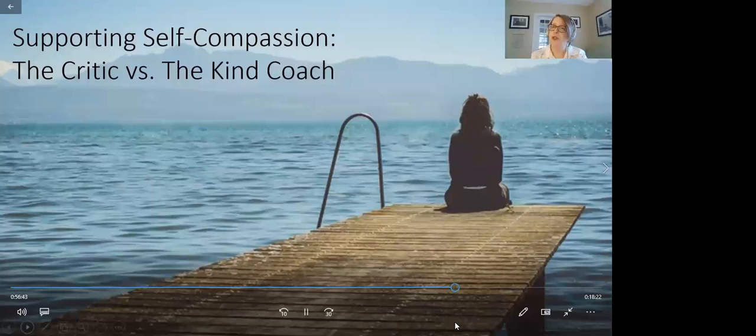Which one do you feel more demoralized under, right? So it's an experiential way of getting them to notice how that self-talk really works. And once they notice that, right, again, noticing, they can choose to shape and cultivate a kinder, more self-compassionate relationship with themselves. So that's a lovely exercise.